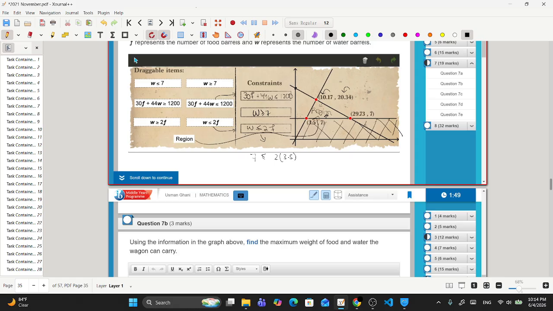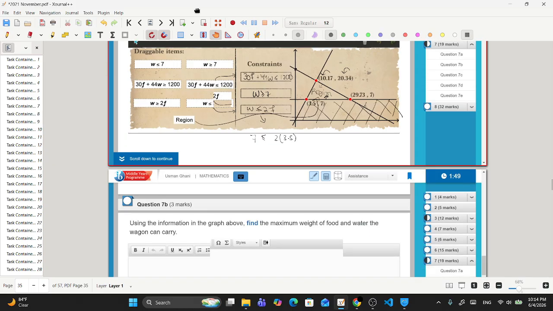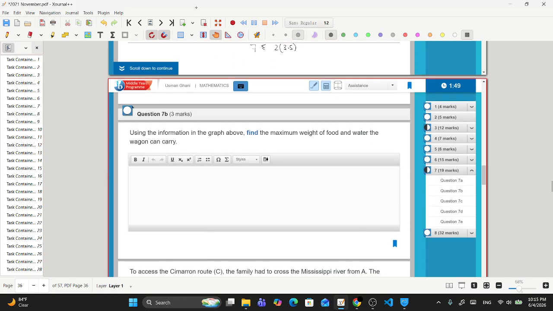So if you were to solve it, maximum is 10.17, right? So let's say if you were to take 10, so 10 multiplied by 30 plus 20 multiplied by 44, the ones that were present in the question, let me check. 10 multiplied by 30 plus 20 multiplied by 44, this becomes 1180.